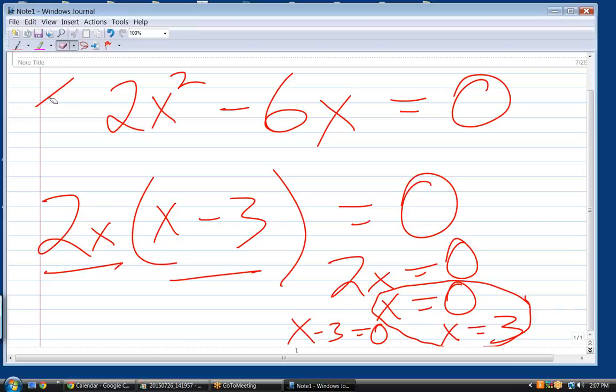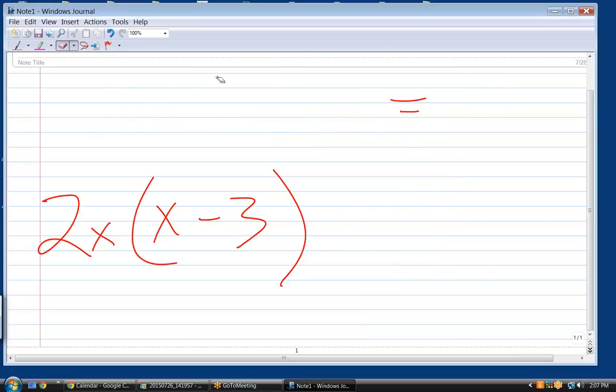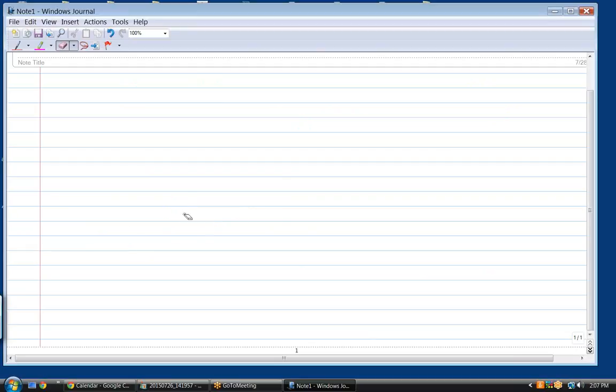But it illustrates why we need to factor so much. Is because we're always trying to take stuff that's being added and subtracted and turn it into two things that are being multiplied. Okay? So there are basically 4 or 5 types of factoring.